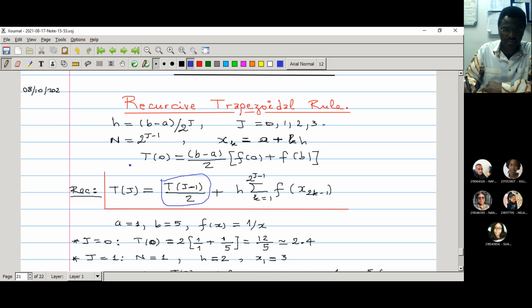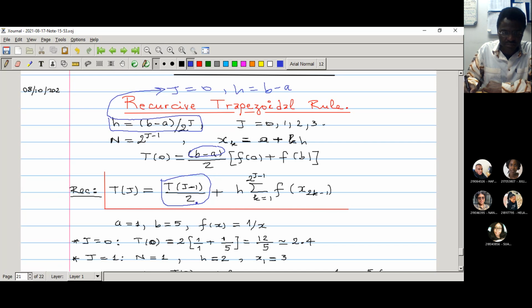Initially, when j is equal to 0, if you take this formula, h is b minus a, right? And that's what we have here, b minus a. So this is h by 2.